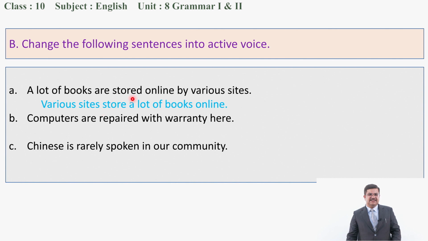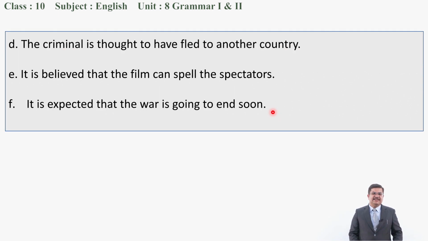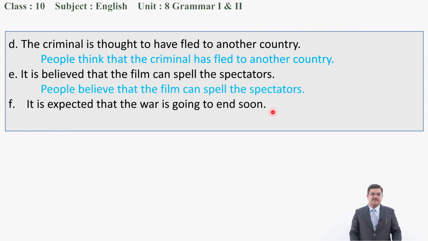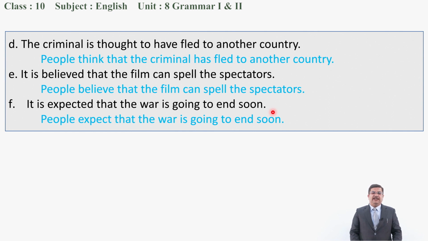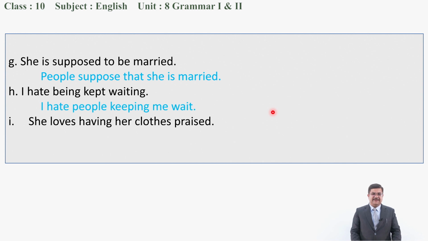Various sites, the object of the passive sentence, becomes the subject of the active sentence. Similarly, in this way, you may change the remaining sentences into active. If you know the ideas about passive, you can change the sentences into active very easily.